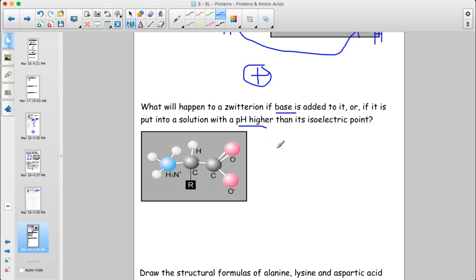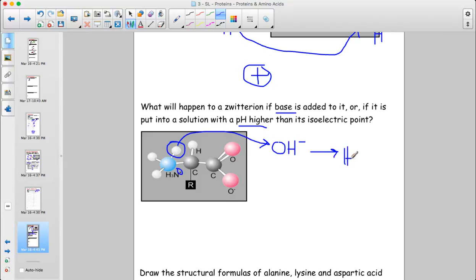If you put a Zwitterion into a basic solution, a solution with a higher pH than its isoelectric point, you should probably associate base at this point with hydroxide ions. So what's going to happen? Which part of the amino acid will this be attracted to? Well, it's going to be attracted to the positive part. So this OH- and this H+ are going to react to form water.